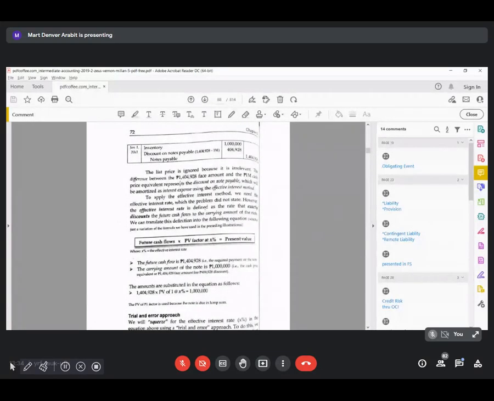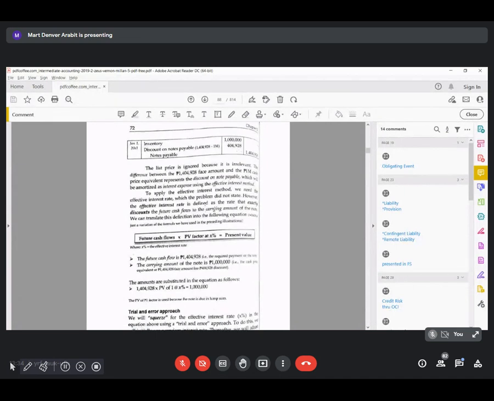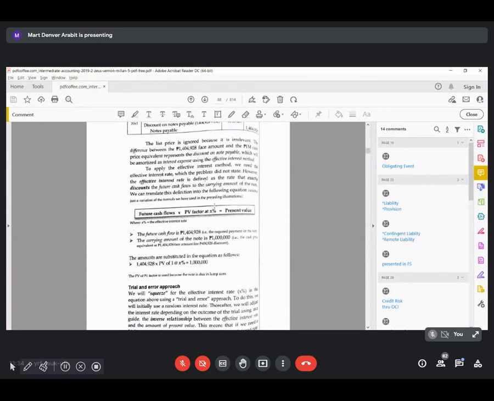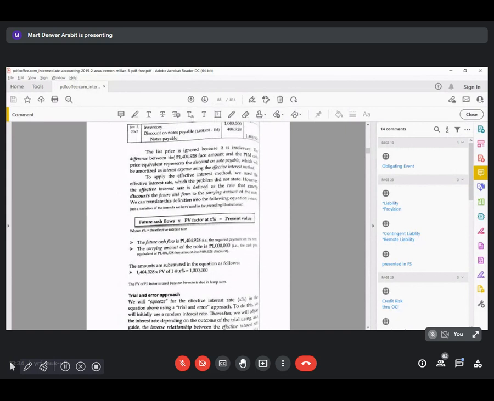Okay, gagawa natin siya ng amortization table. And to apply the effective interest method, we need the effective interest, which the problem did not state. However, the effective interest rate is defined as the rate that exactly discounts the future cash flows to the carrying amount of the note.